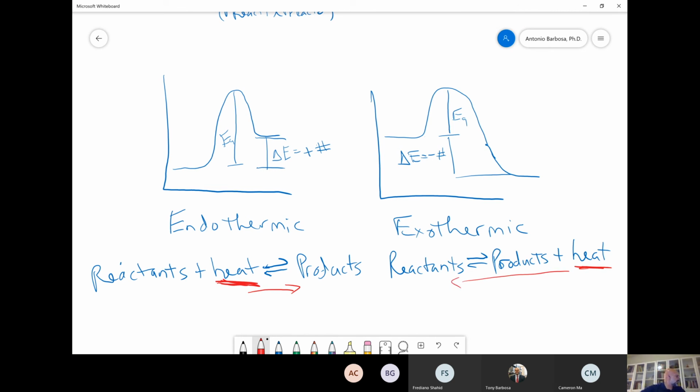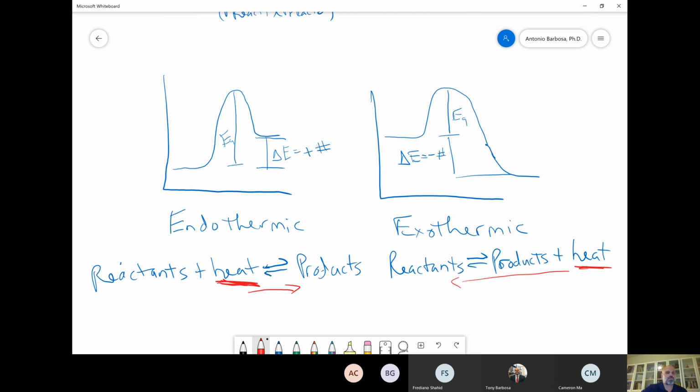Does that kind of make sense? When you're thinking about these things, always think in reaction diagrams what's going on. We have an exothermic or an endothermic process, and when you have the shift occur, it's going to be dependent on whether or not you need to add heat or take heat away.